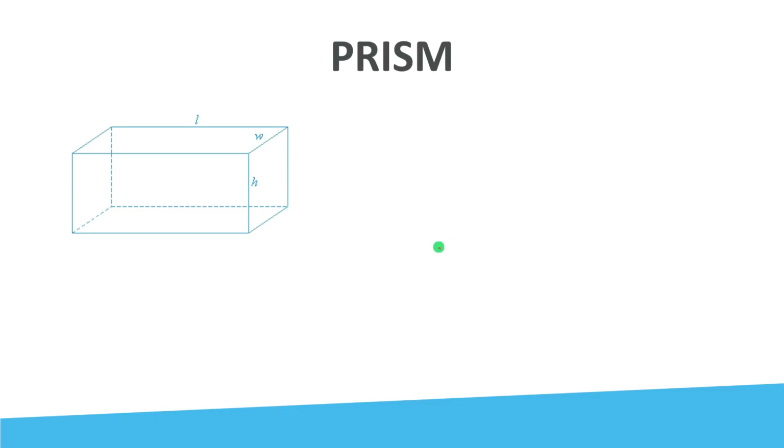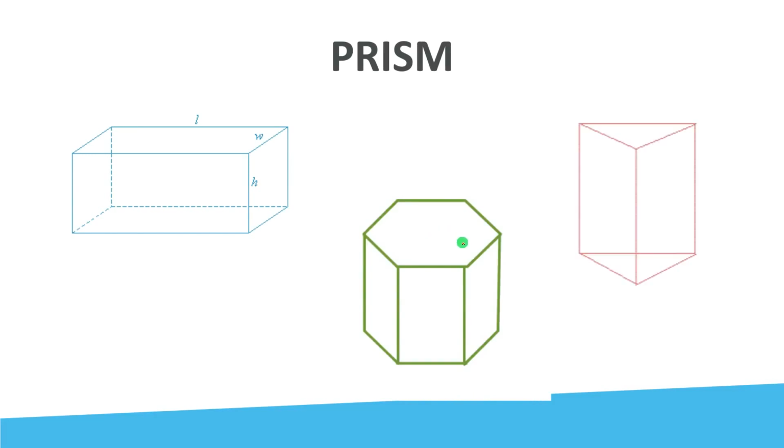Here are examples of a prism: a rectangular prism, a hexagonal prism, and a triangular prism. We have two faces parallel, and all other faces are also polygons. So we have two parallel faces for this hexagonal prism, and all other faces are also polygons.